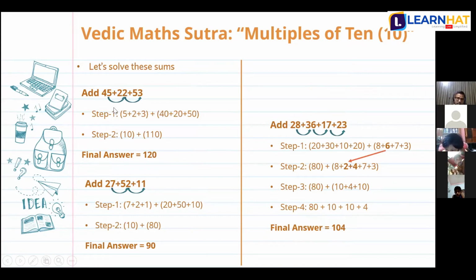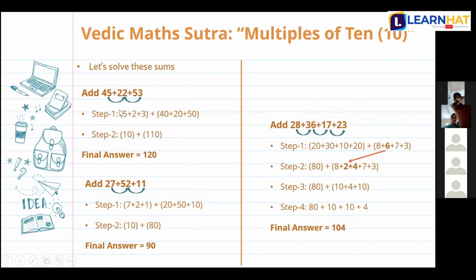You all know that. So what we need to do is take all the ones: 5 from 45, 2 from 22, and 3 from 53. All the tens we group: removing 5 from 45 it becomes 40, removing 2 it becomes 20, and taking 3 the remaining is 50.